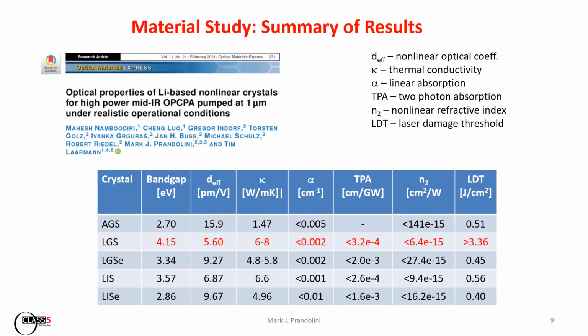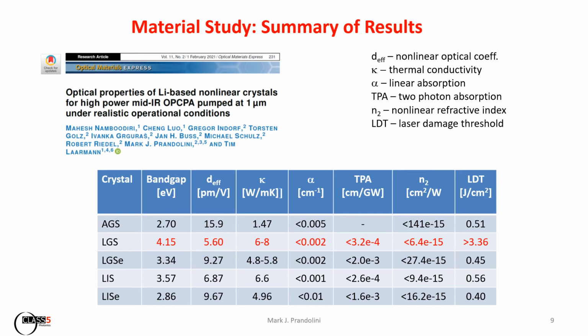Okay, as you can see, the best crystal for high power applications is LGS. It has the largest band gap, relatively good nonlinear optical coefficient, with a very high thermal conductivity, very low linear absorption, also low 2-photon absorption, and nonlinear refractive index, with a very large damage threshold.